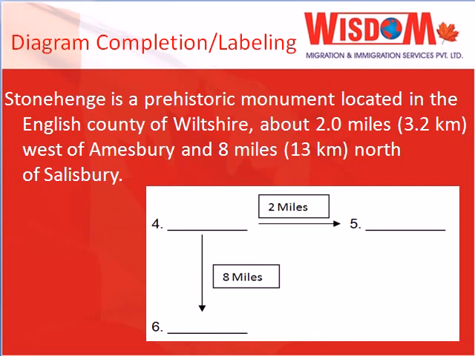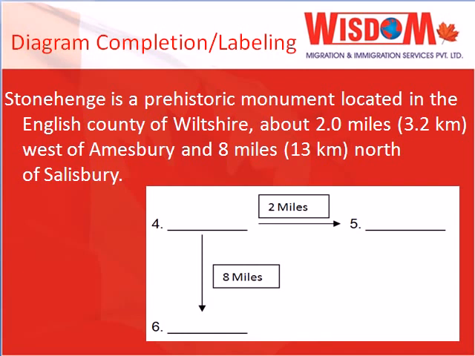One of the last types of questions is the diagram completion or the labeling. For example, Stonehenge is a prehistoric monument located in the English county of Wiltshire, about 2 miles west of Amesbury and 8 miles north of Salisbury.